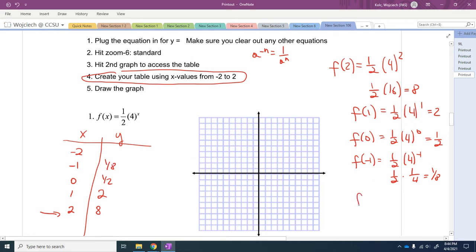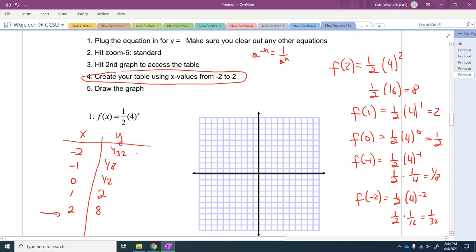And finally, f of -2 becomes 1/2 times 4 to the negative second. 4 to the negative second becomes 1 over 4 squared, which is 1 over 16. And when we multiply fractions, multiply numerators, multiply denominators, it should be 1 over 32.